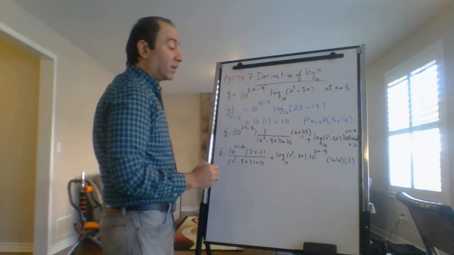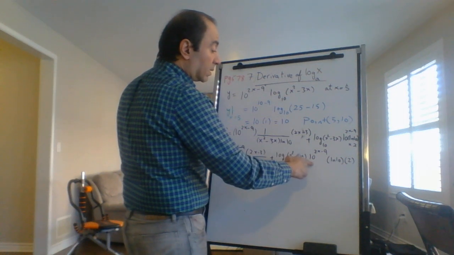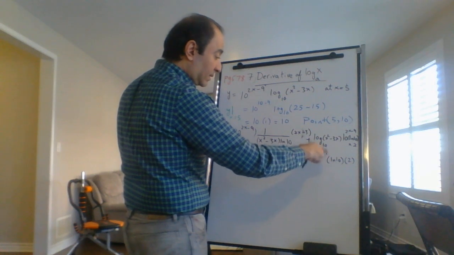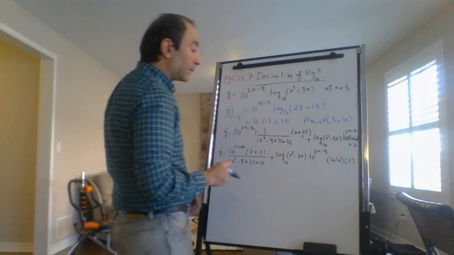The mistake that I am sure no one of you will do is multiplying this 2 with this 10. This is not permitted because 10 is not free. It is attached to its exponent, so we cannot multiply that.